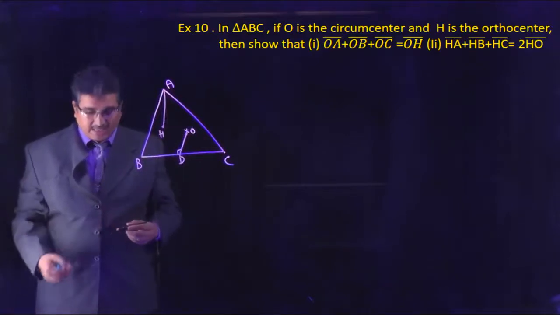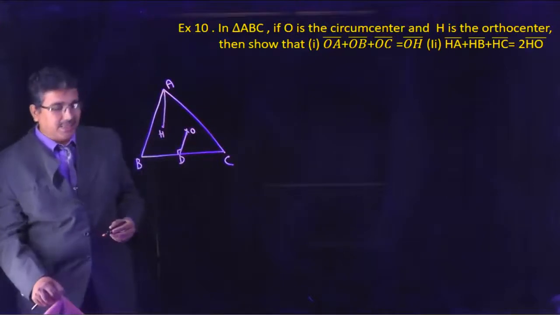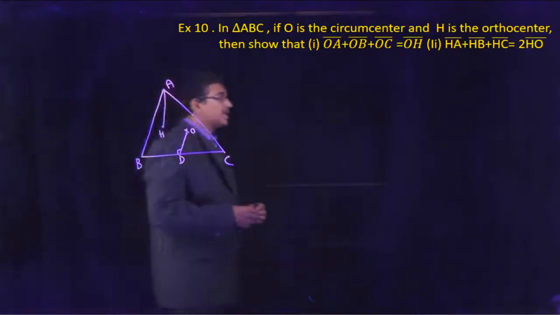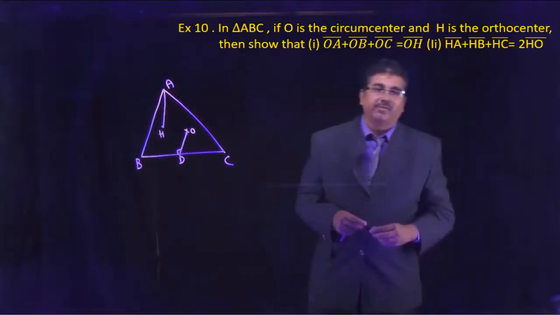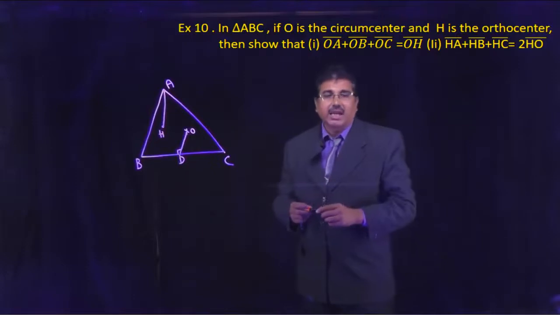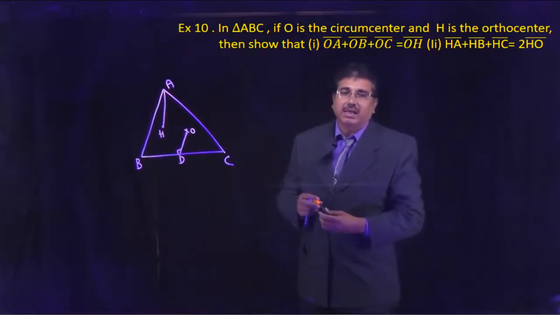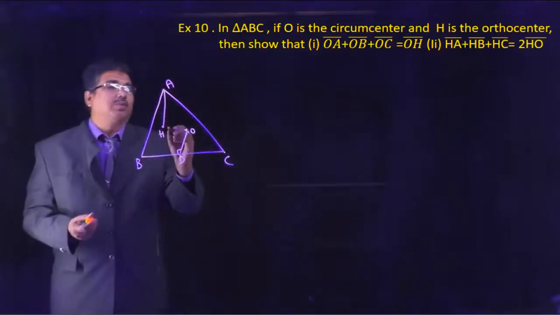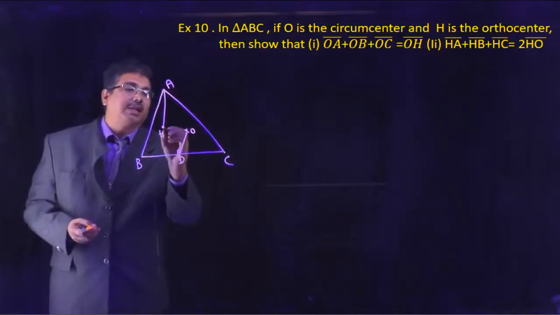In any triangle, the orthocenter, centroid and circumcenter are collinear. This is the orthocenter, this is the circumcenter.